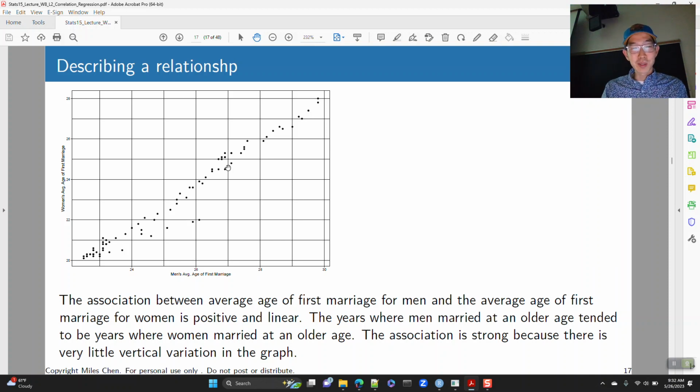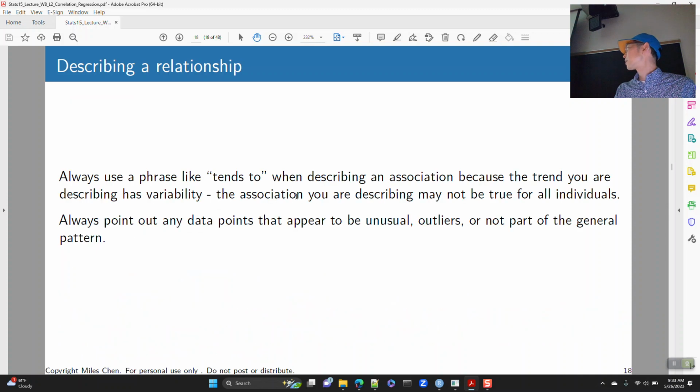It might go from 24.8 to 25.2, a very, very tight range of values. So very little scatter. We'd say there's a very strong relationship there.